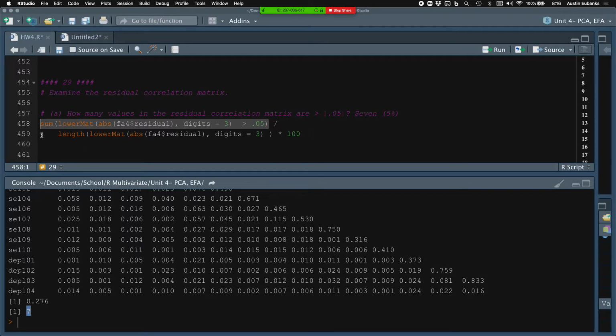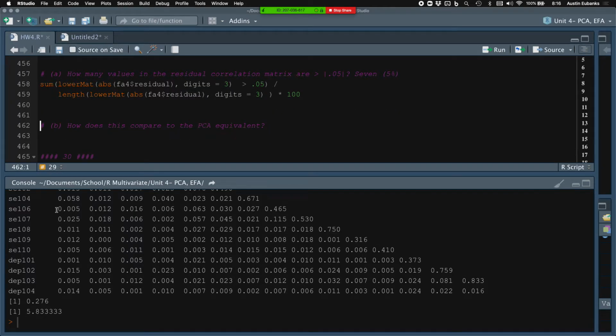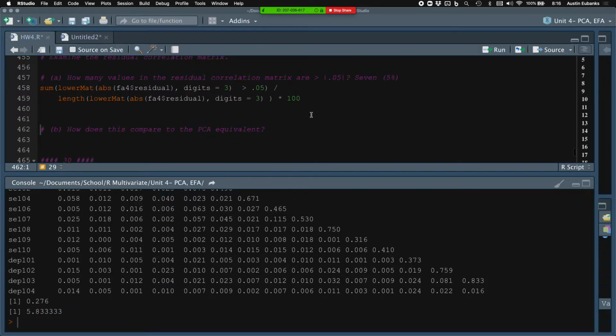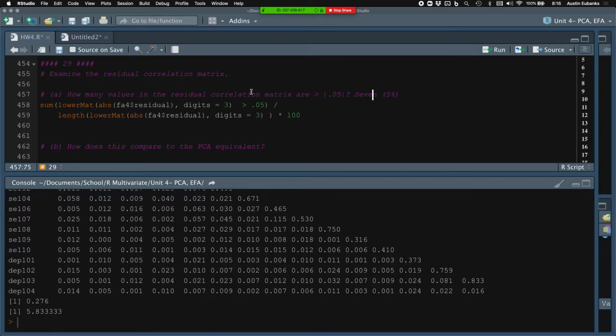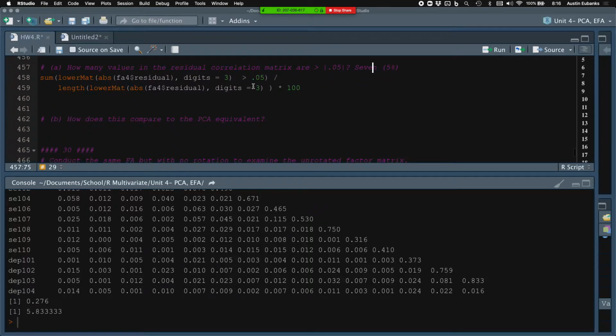Then just divide that by the length, multiply it by 100, and we get 5.83%. So 7 of our values, 5.8% of the values in that residual correlation matrix, are greater than 0.05. And how does that compare with that PCA equivalent?